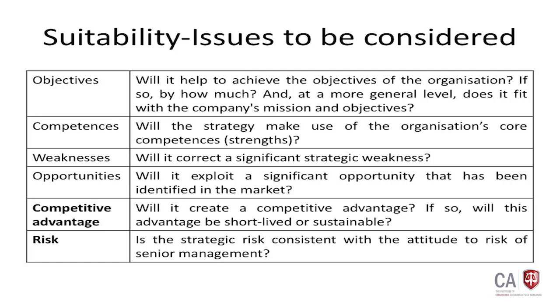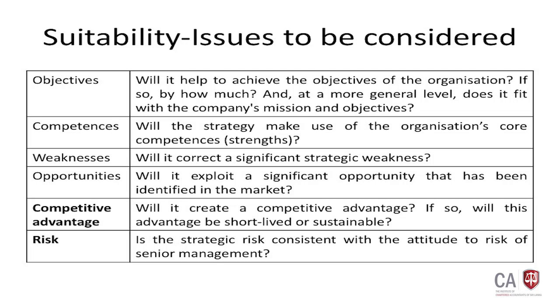One is objectives, that is the number one thing you have to do. You have to check whether the proposed strategy is capable of fulfilling the objective. That should be the prime function of the strategy. If you remember our earlier definition, I said strategy means a course of action designed to achieve a specific objective.